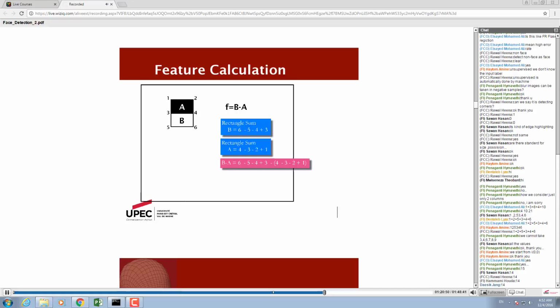Let's consider this situation using the integral image. We have this A region and B region on the next page. Let me move to the next page. The Haar feature F equals B minus A, because B is white and A is black, so B is plus and A is minus.